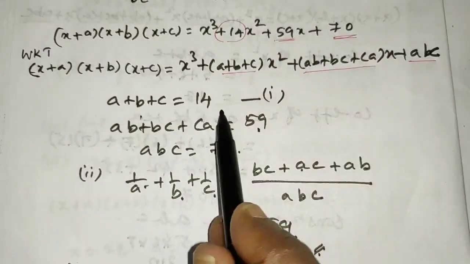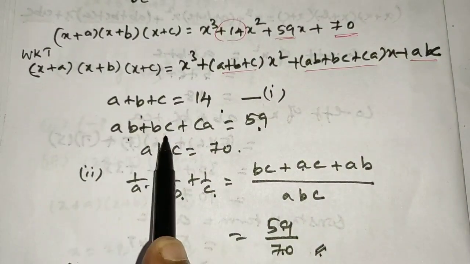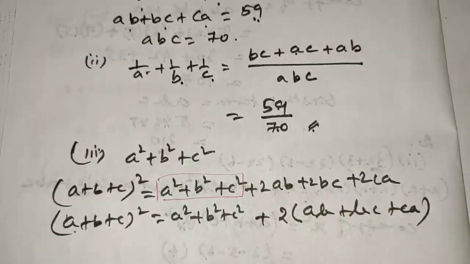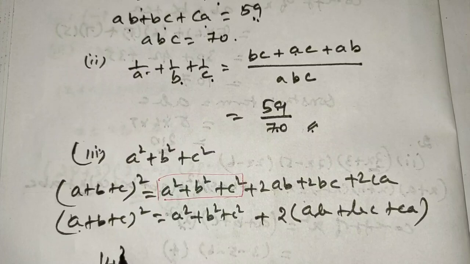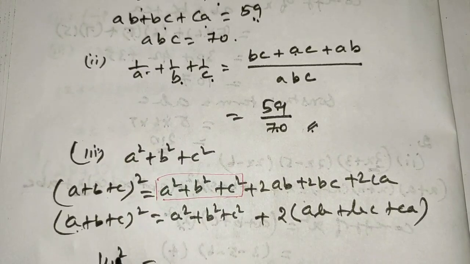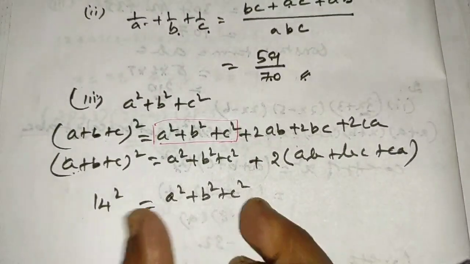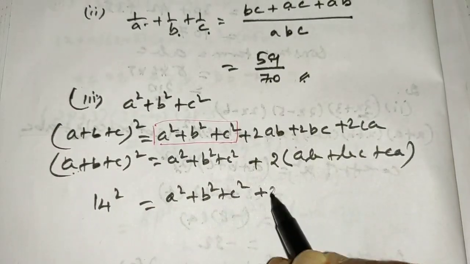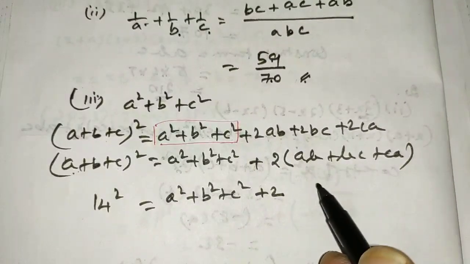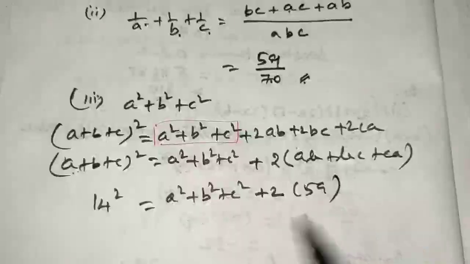What is a + b + c? 14. What is ab + bc + ca? 59. You can use these two values here. So 14², since a + b + c is 14, and we have to find the value of a² + b² + c². Keep this as it is, plus 2 times, what is the value of ab + bc + ca? 59.